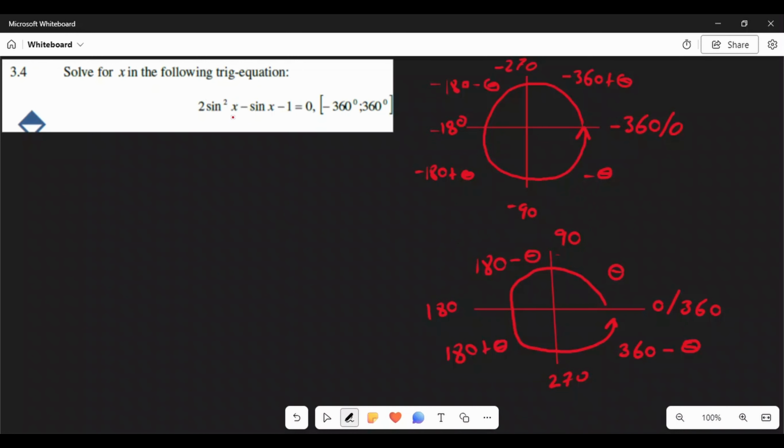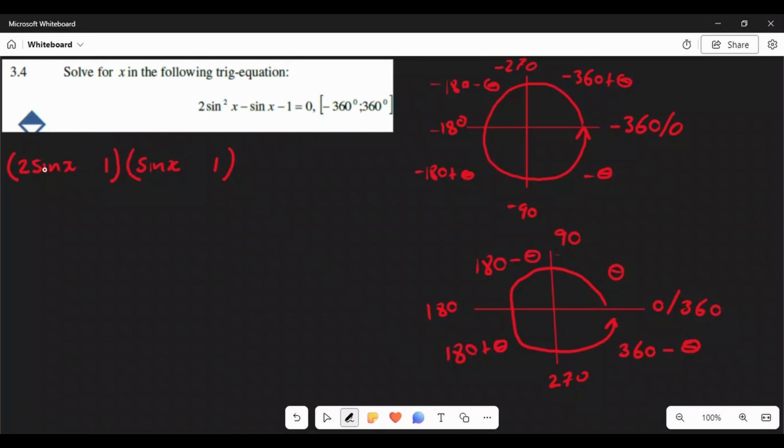So let's solve this. As you can see, this is a quadratic equation, so you can solve it the way you would solve any quadratic. We can factorize it like this. We can say 2 sine x on the first bracket. On the second bracket, you can also put sine x there. Our constant is 1, so we can say 1 here, because 1 multiplied by 1 gives the constant.